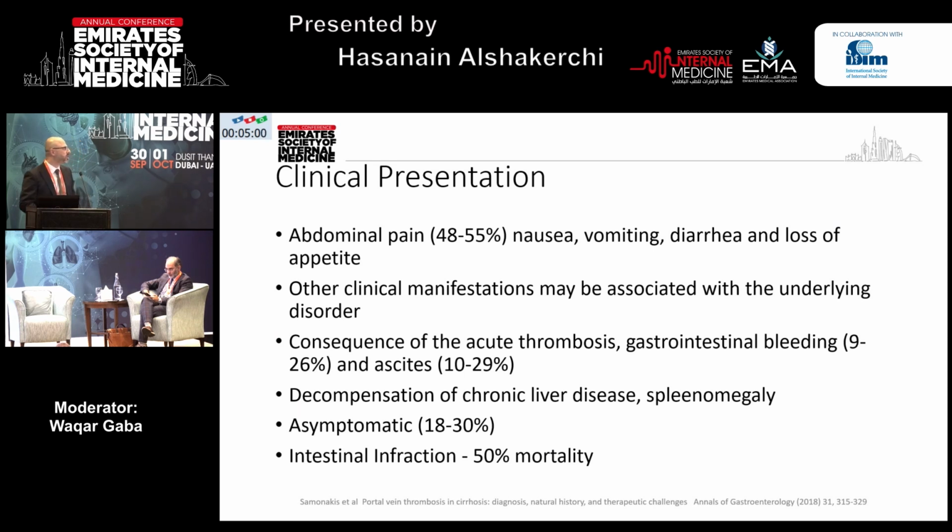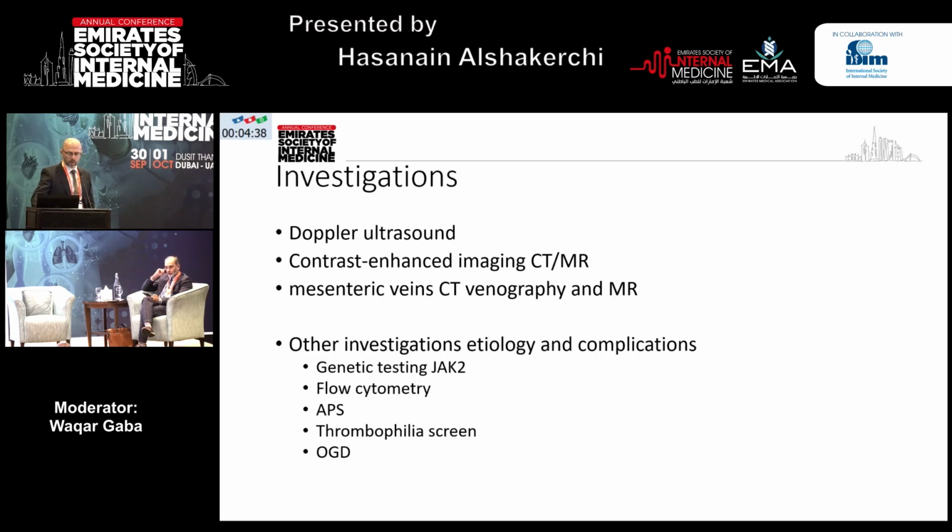Management mostly depends on the presentation. The difficulty in splanchnic thrombosis is that it could present as acute, or chronic, or sometimes incidental. A big proportion come in incidentally. They can present with a complication from the portal vein thrombosis, for example, a lot of patients develop GI bleed and decompensation of the liver disease.